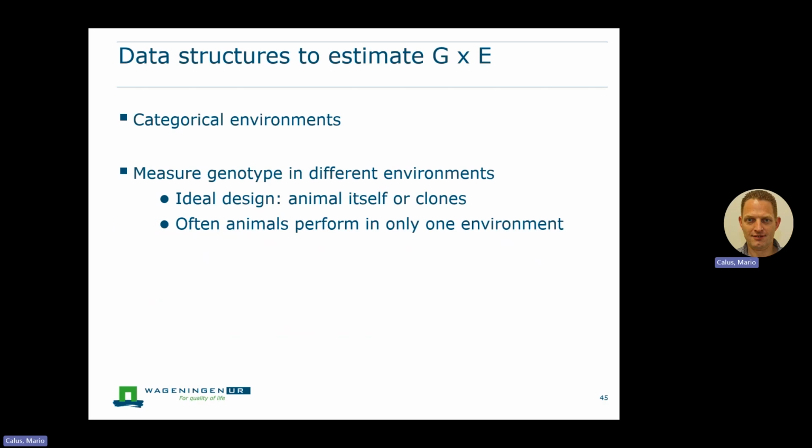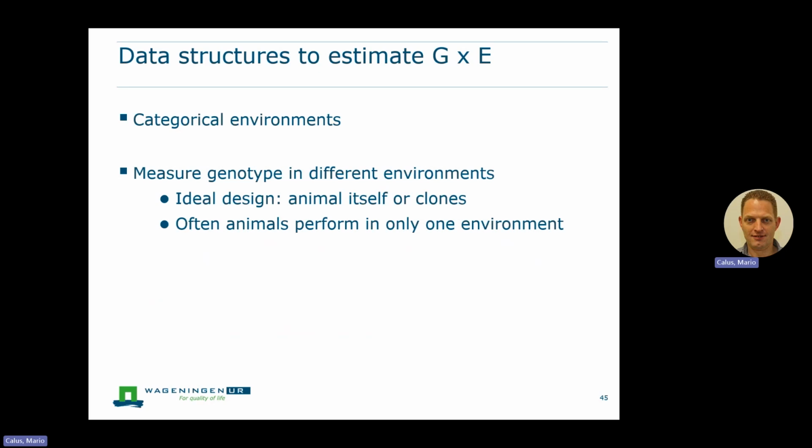If we want to estimate G by E and we have categorical environments, then indeed the ideal design would be to have the individual itself observed for its phenotype in those different environments, right? Because then you see the same genotype in the different environments.